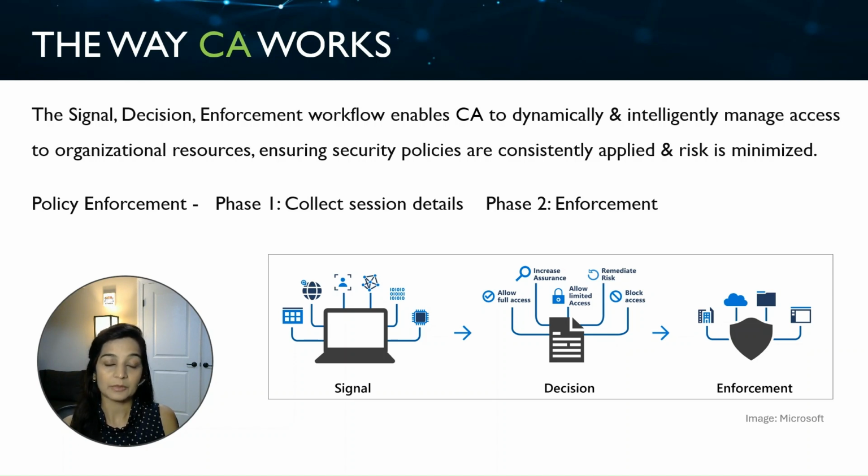All policies are basically applied in two phases. Phase one is collect session details, that is, you gather all the information, and phase two is enforcement. Use the session details gathered in phase one to identify any requirements that are not met. And once all requirements are satisfied, then apply the session controls.